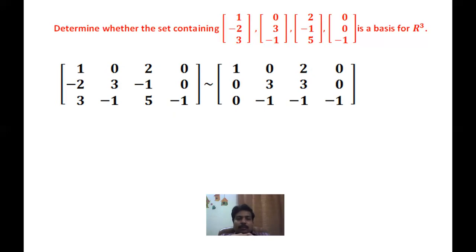Similarly, R3 goes to R3 minus 3R1. So after completing the calculations, we find this. Minus 2 plus 2 is 0. 3 minus 3 plus 0 is 0. Minus 1 plus 4 is 3. And this is 0. Similarly, this one. So here we can find 3, 3, so I can divide it by 3 so that I can get 1, 1.